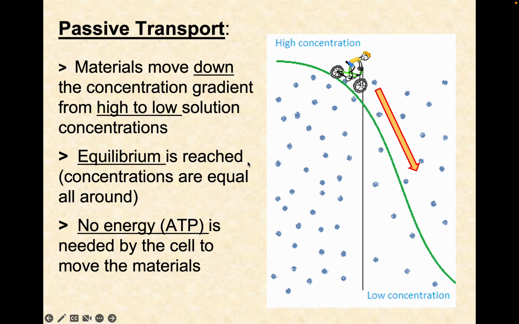Equilibrium is reached when there are equal concentrations. No energy is needed by the cell to move the materials because you are relying on the concentration from high to low concentration until it reaches equilibrium, or pantay na sila.